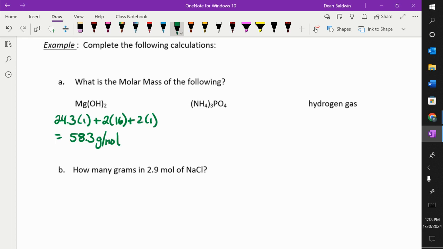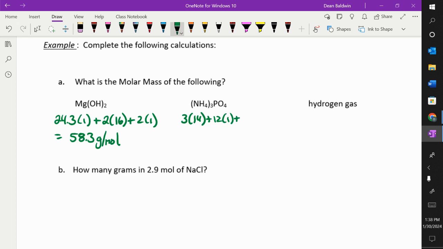Okay? Ammonium phosphate. How many nitrogens? What's the mass of nitrogen? So it's 3 times 14. How many hydrogens? 12. And they have a mass of 1. How many phosphorus?